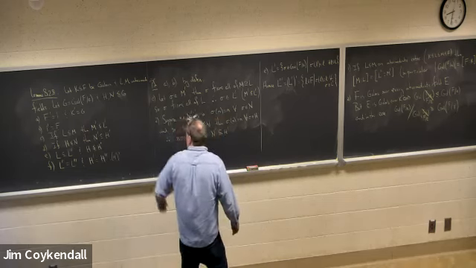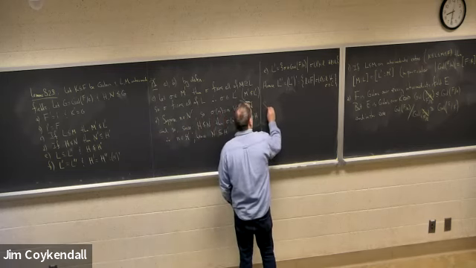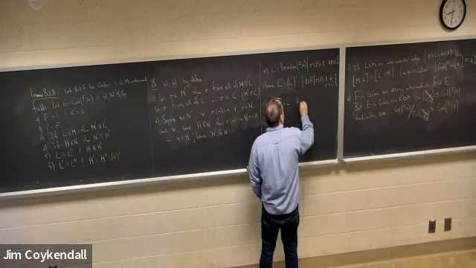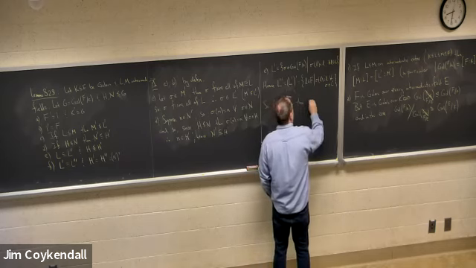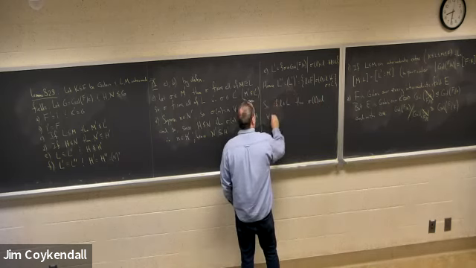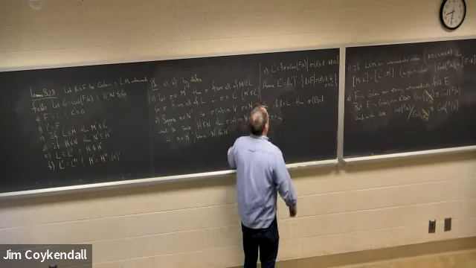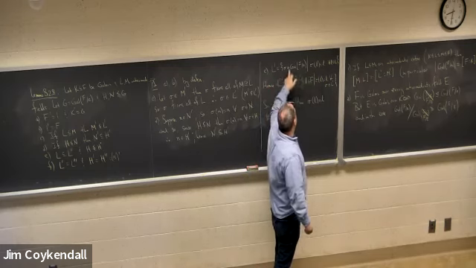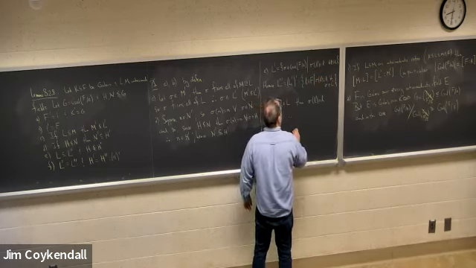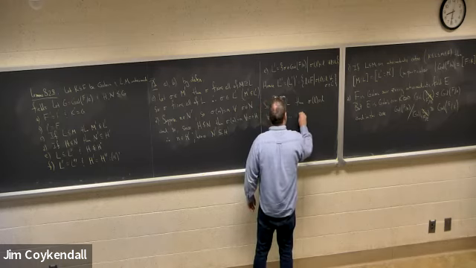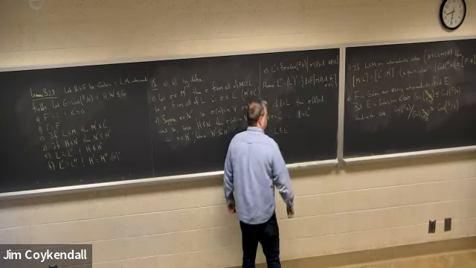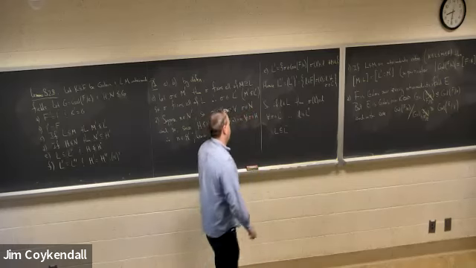So my goal is, of course, to show that L is in L double prime. If L is in L, then sigma L is equal to L for all sigma in L prime, because when sigma is in L prime, it fixes everything in L. Therefore, sigma L is in L. So we have this.